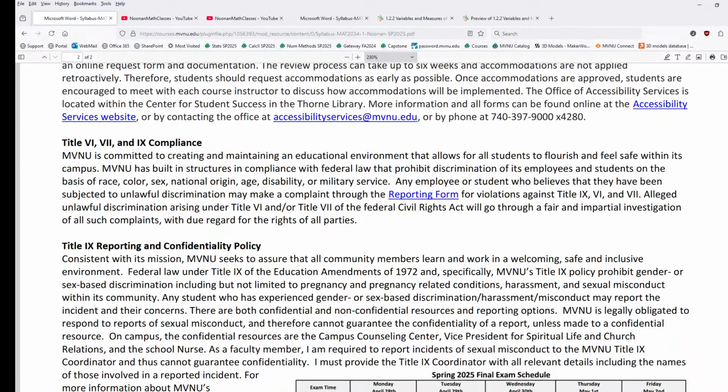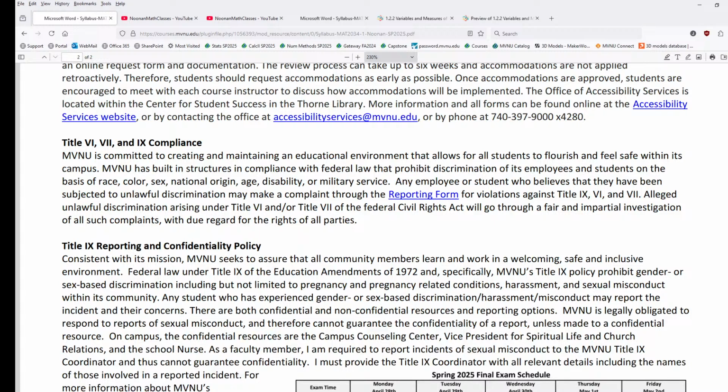I'll mention just briefly the Title 6, 7, and 9 compliance. I'm always curious what happened to Title 8. But Titles 6, 7, and 9, apparently these are the titles, the law dating back to the 1970s, whereby federal law, we cannot discriminate on the basis of race, color, sex, national origin, age, disability, military service.